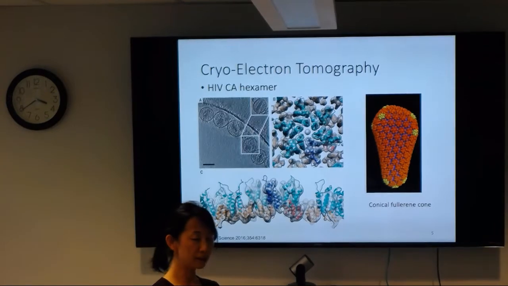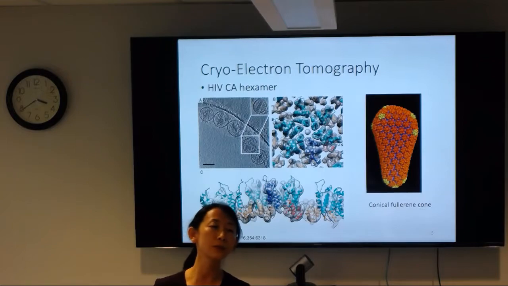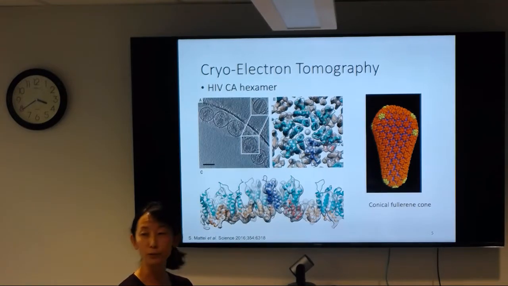And this is the very famous John Briggs subtomogram averaging. He is really a pioneer in pushing subtomogram averaging resolution. I believe this is the paper they published in 2016. They were really interested in the capsid protein structure in HIV.